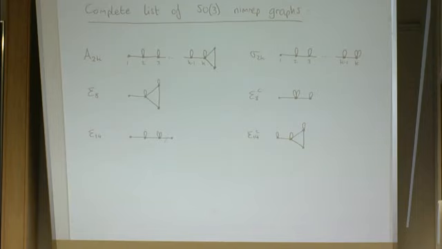And so this list is complete. It was found by a master's student of Terry's, who had a complete list of symmetric representation graphs for SU(3), and so they're the ones that descend to SO(3), and then by comparing with modular invariants, which we've classified for SO(3), these are the only ones that can remain.